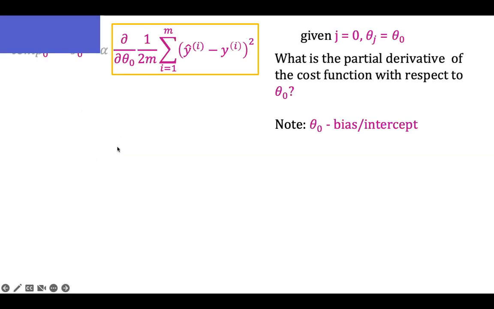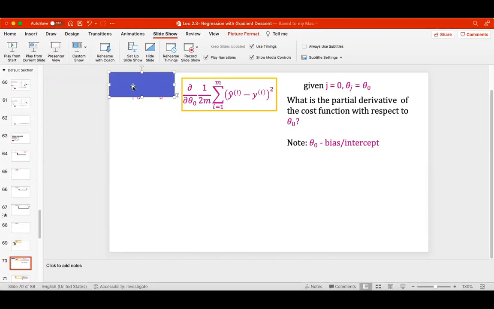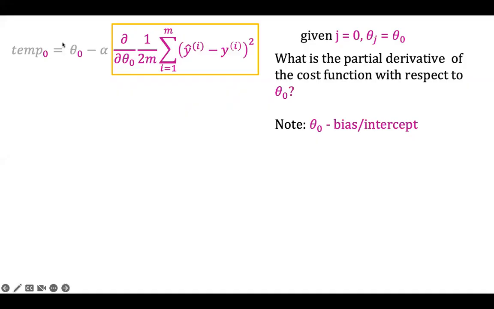Now what would be the derivative given that j is equal to 0 and j is equal to 1? Given that j is equal to 0, that means theta j is equal to theta 0, so we update theta 0.